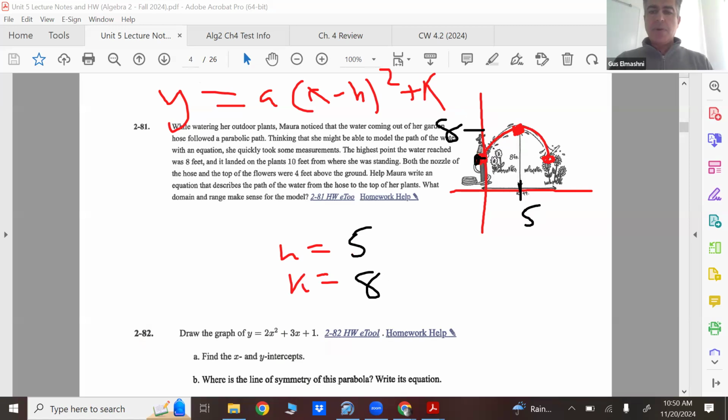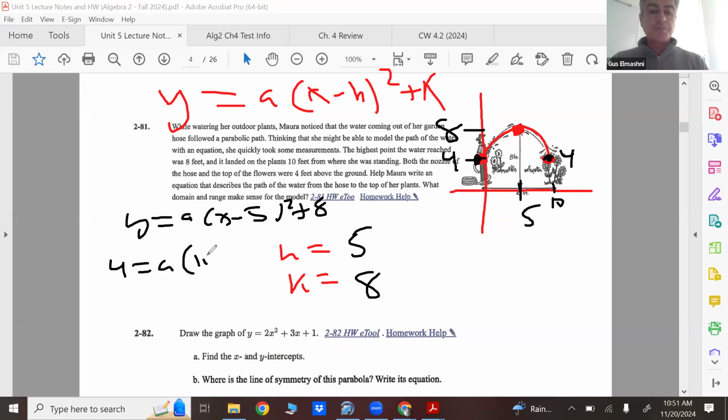Now, if you think about these points here, this is a little tricky, but they say that a person releases the water. The water leaves the hose when the hose is how far off the ground? How many feet off the ground? 4, right? So what I could do is make my equation y equals a times x minus 5 squared plus 8. I got to plug in 10 for x and 4 for y.